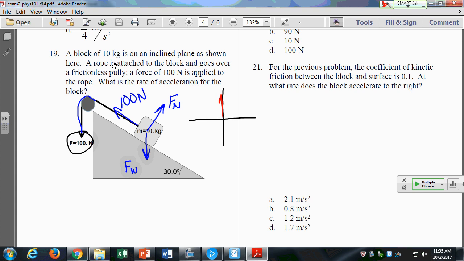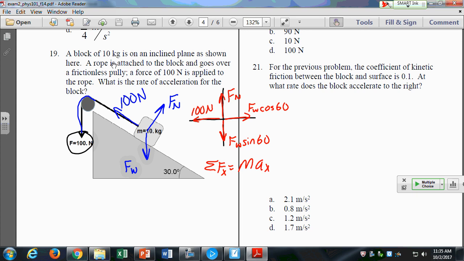I have Fn, 100, and then Fw sine of 60, and Fw cosine of 60. And now I want to know the acceleration. I say the sum of the forces in the x direction is max. Since I'm not worried about friction, I don't even need to know the normal force.